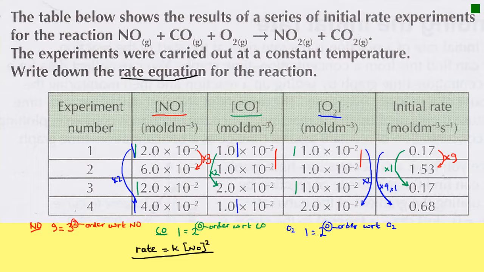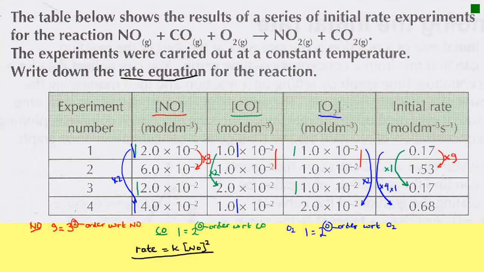So any change in the initial rate is down just to the change in concentration of carbon monoxide. In experiment 1, we started off with 1 and we changed that to 2, which is a doubling of the concentration.